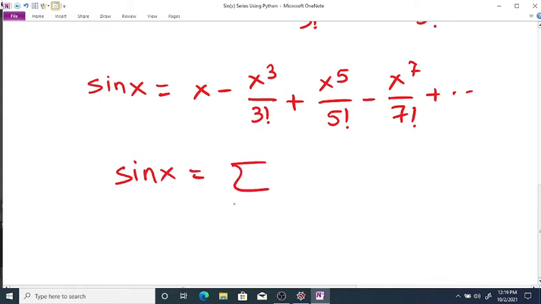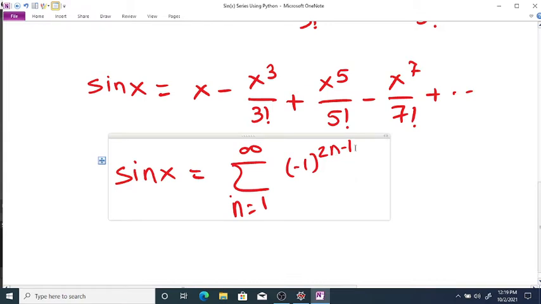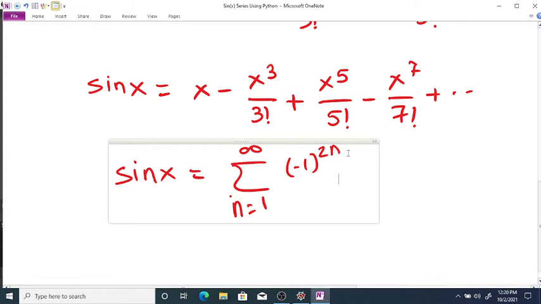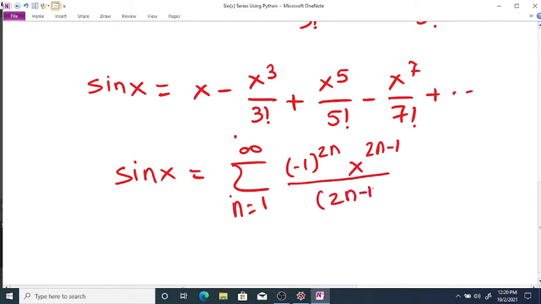So we are writing here the general formula for n equal to 1 to infinity, minus 1 raised to twice n minus 1, no, what we want is that the first term should be positive, so we take minus 1 raised to twice n, then x raised to twice n minus 1 divided by twice n minus 1 factorial.